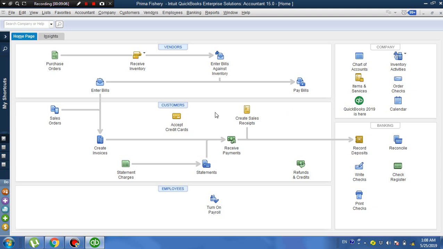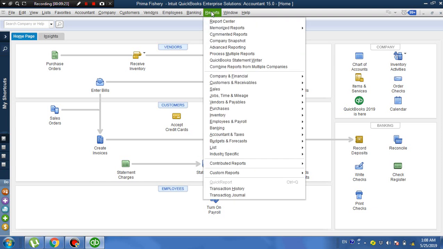Then the transaction is completed. So I hope you understand how to enter the invoice with the class and the job, and how to enter the vendors with the job and class.